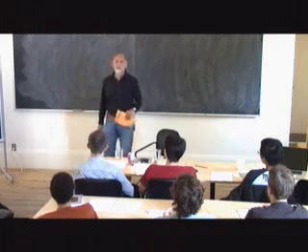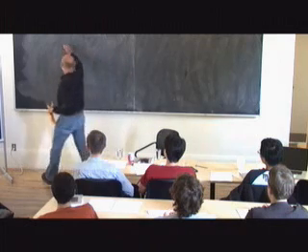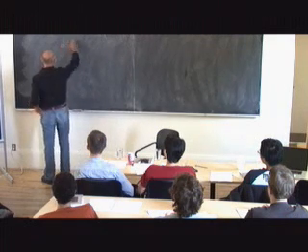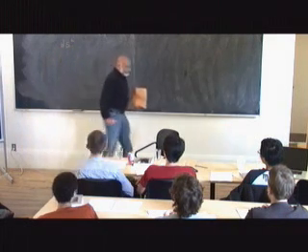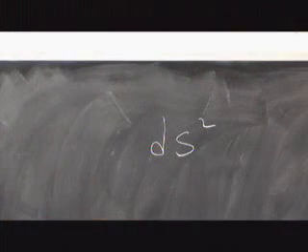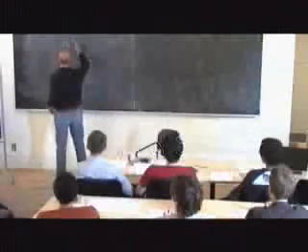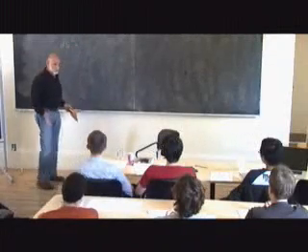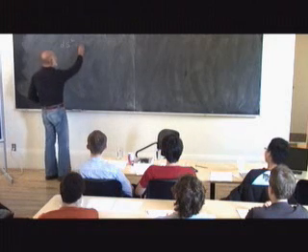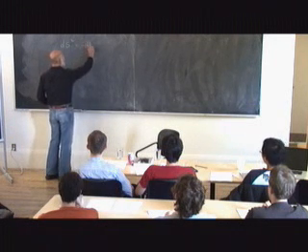I will not ask you how many people know what this symbol means. That's the metric of space-time, ds squared, okay? Because of the properties of special relativity, it begins with a minus sign, dt squared.